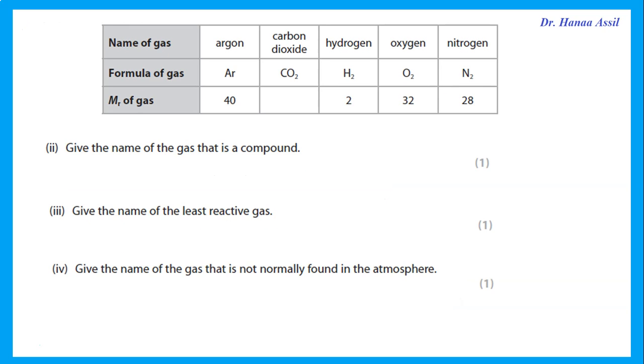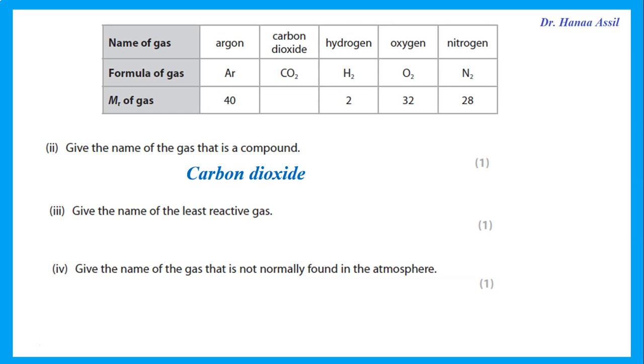Give the name of the gas that's a compound. Which of these is a compound? Remember, what's a compound? A compound is made up of different elements chemically combined together. So which one has different elements combined together? That is carbon dioxide. Give the name of the least reactive gas. What do we mean by least reactive?